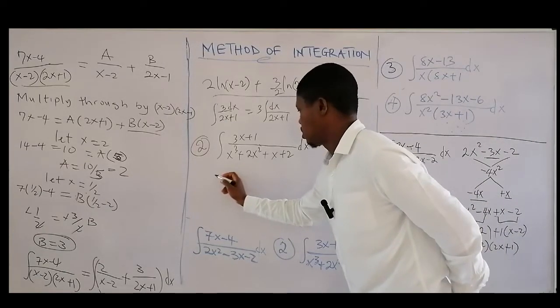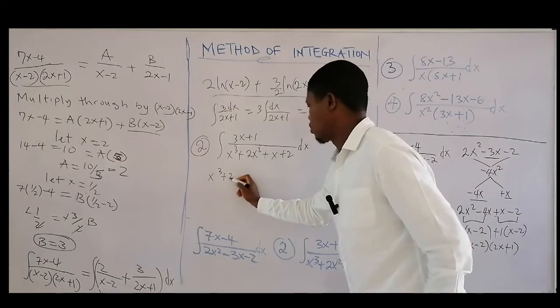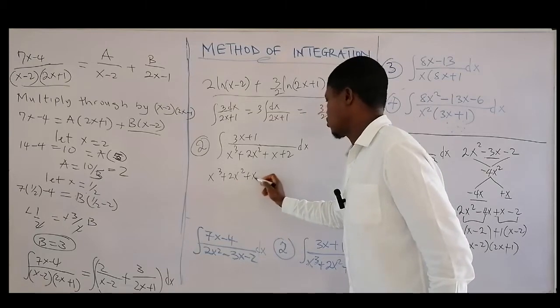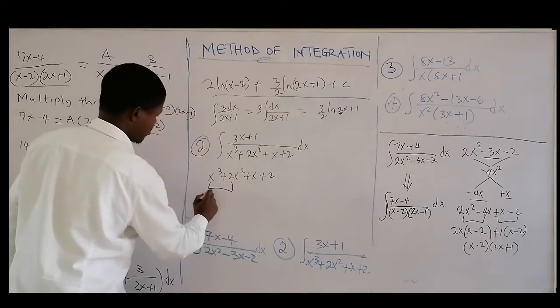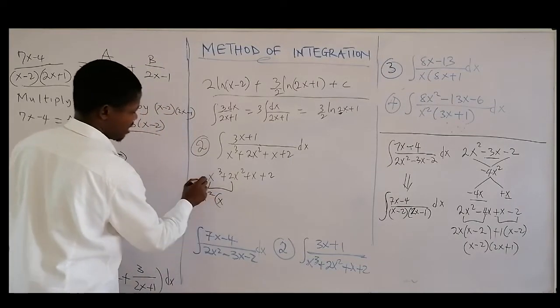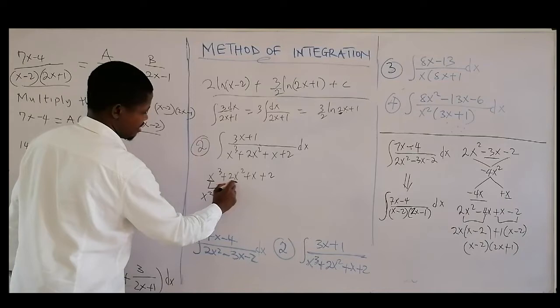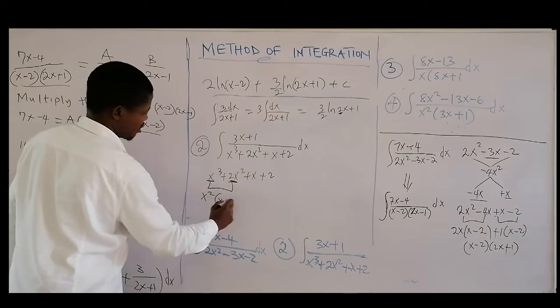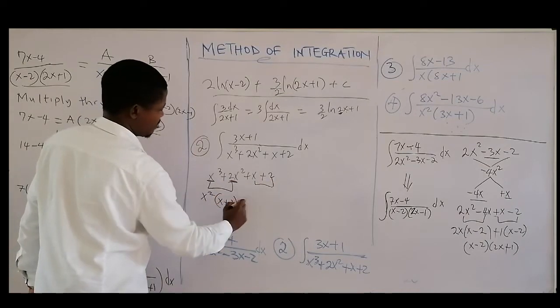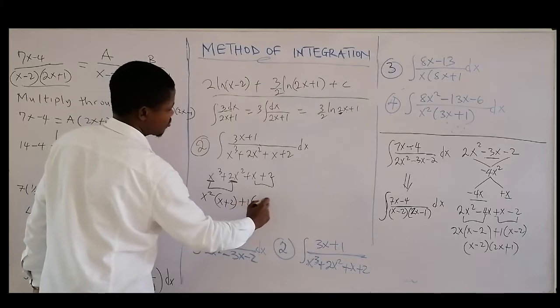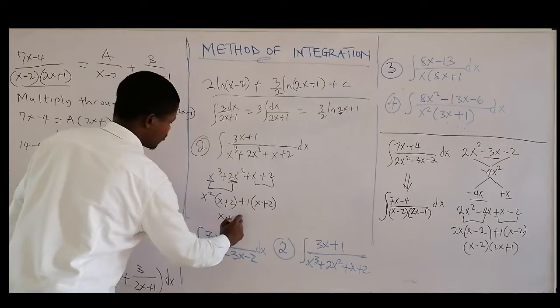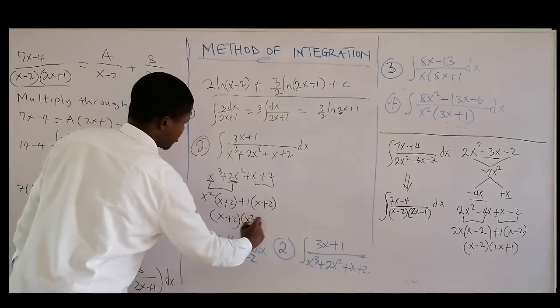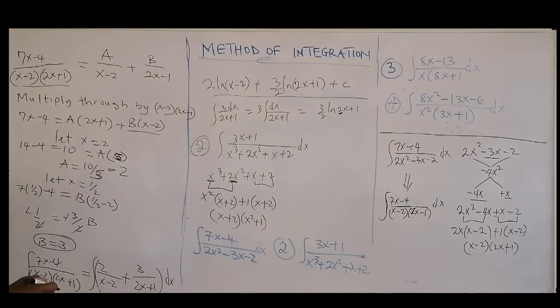In x cubed plus 2x squared plus x plus 2, x squared is common in the first two terms, take it out, it remains x plus 2. Here it's already plus 2, so plus 1 is common, and we have x plus 2. So then we have (x plus 2) into bracket (x squared plus 1).